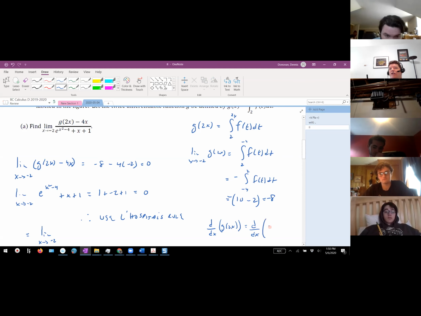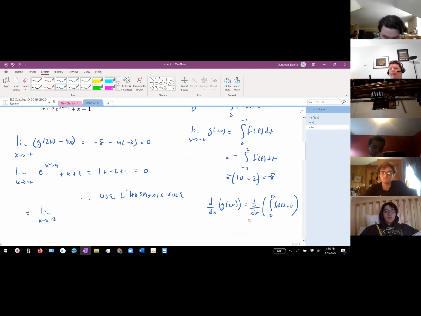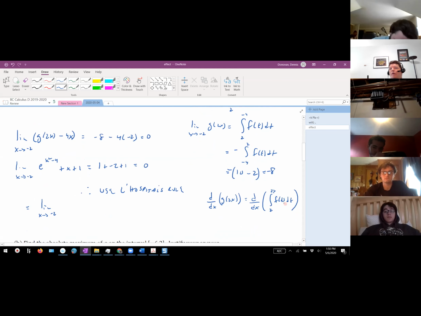So I can differentiate that integral. What is the derivative of the integral from 2 to 2x of f of t dt? f of 2x.